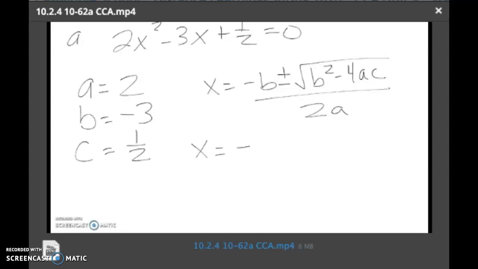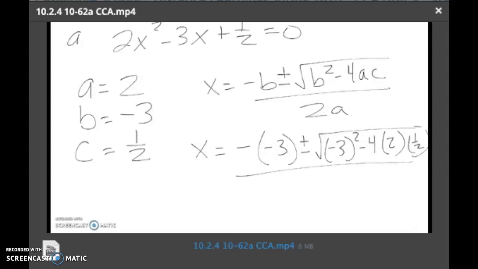So opposite of b, and b is -3, plus or minus the square root of b squared, so -3 squared minus 4 times a times c. Okay, so now divided by 2 times a.